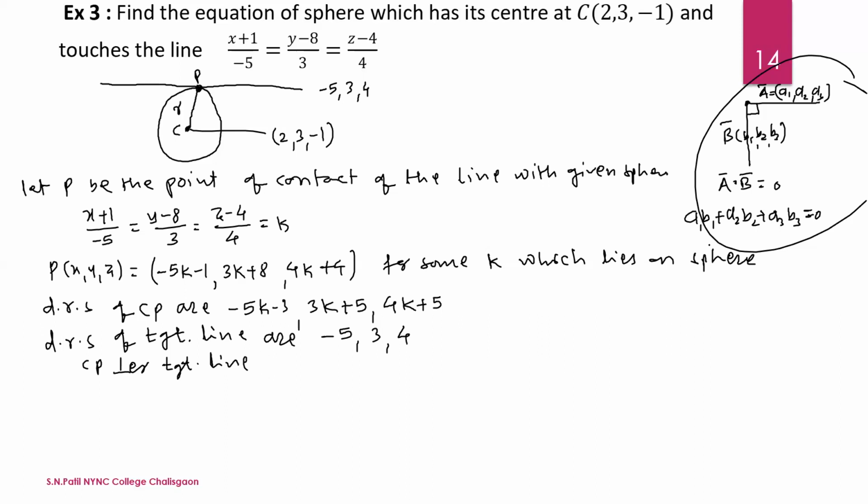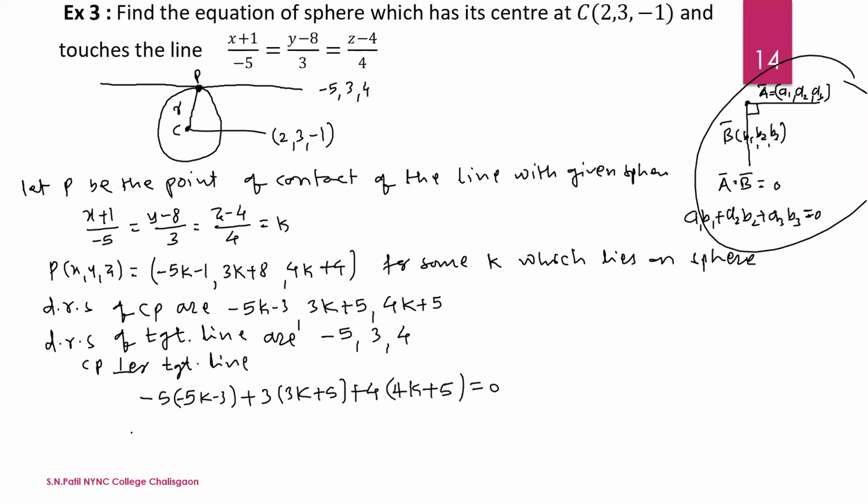Then A1 into B1, means minus 5 into this point, DRS of the CP, this into this, plus 3 into, and 4 into. That is minus 5 into minus 5k minus 3, plus 3 into 3k plus 5, plus 4 into 4k plus 5 is equal to 0.